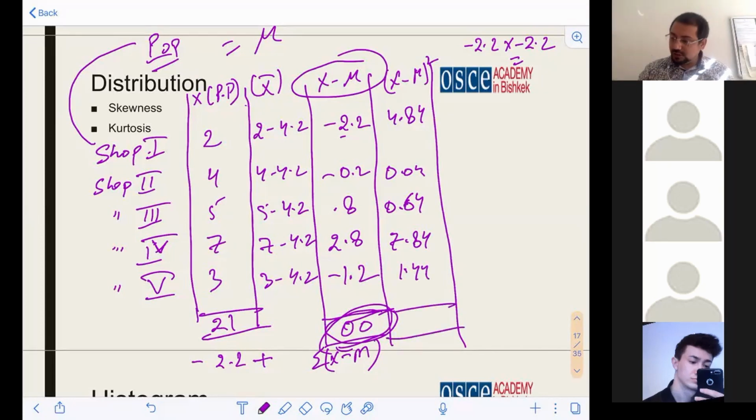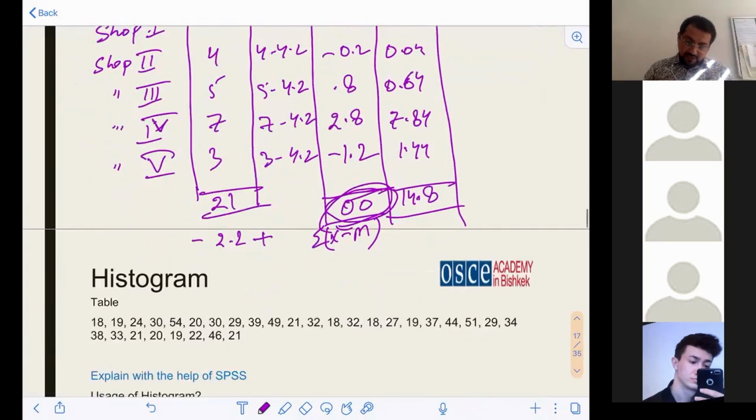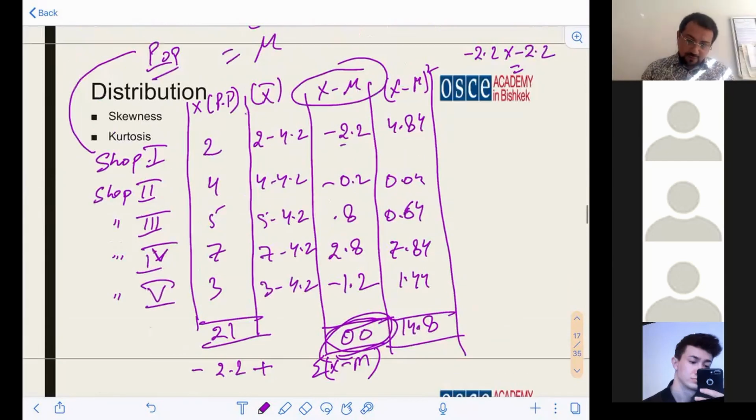And when you do the total of this, we got 4.84 plus 0.04 plus 0.64 plus 7.84 plus 1.44. Very good. How much? 14.8. Okay, now we have got this 14.8, and let's look at the formula.